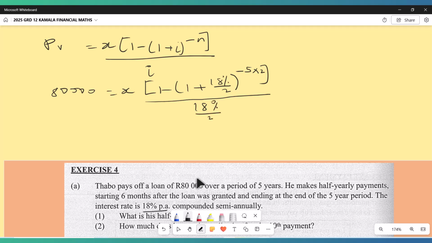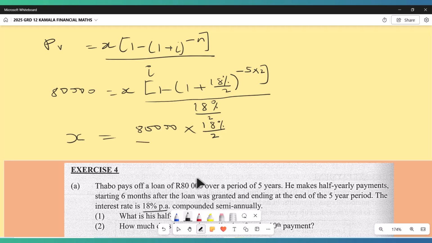So we're looking for this x here. Guys, like I said, don't feel sorry for the calculator. Punch in this thing the way it is, directly. I'm going to cross multiply here, so it's going to be the 80,000 times 18% divided by 2 altogether.